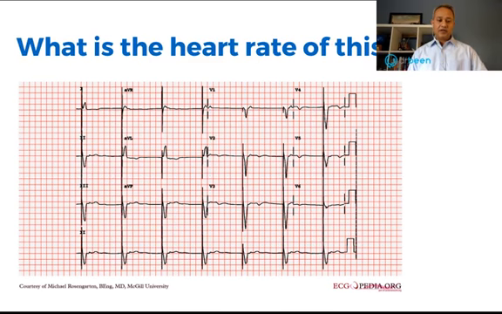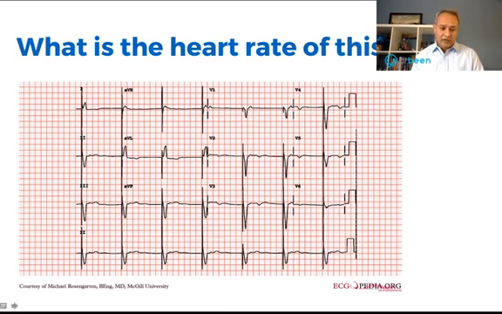Now, can you calculate the heart rate in this EKG? So let me do that here with you. Look at the bottom, that is the strip, lead 2, rhythm strip. Identify an R wave that falls on a boundary, and there are many R waves falling on a boundary, so hopefully you can find one. I'm going to take the first one and then count the number of boxes from one R wave to the next R wave.